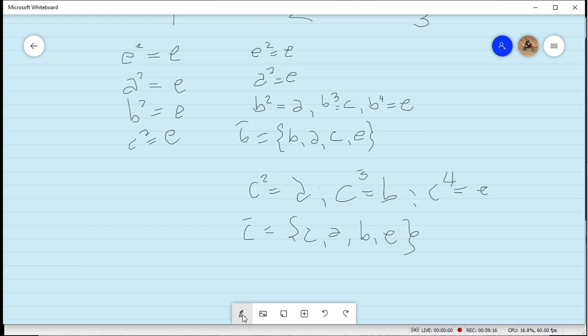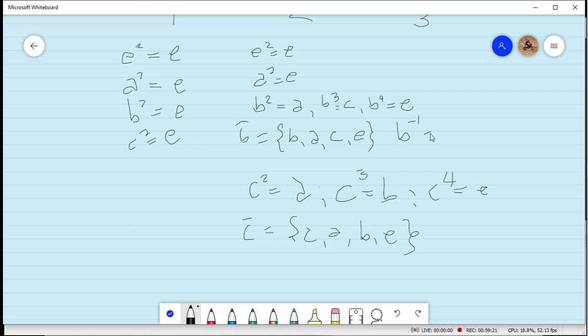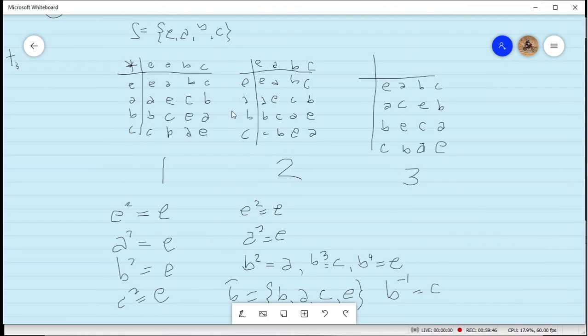We see here that the inverse of B is actually C, and C inverse is B. So we see that these two tables are not basically the same, because their elements do not possess the same characteristics.